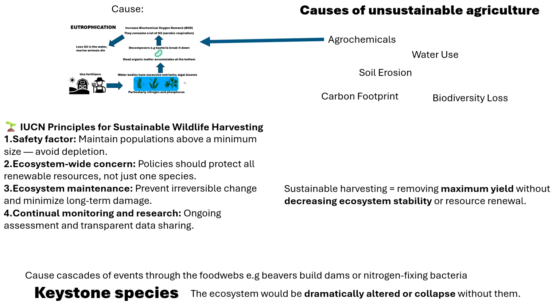You also need to understand causes of unsustainable agriculture, farmers and stuff. I'm gonna use an example as well, eutrophication. We're gonna look at it in a second.